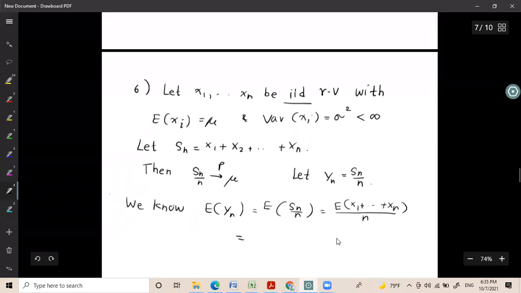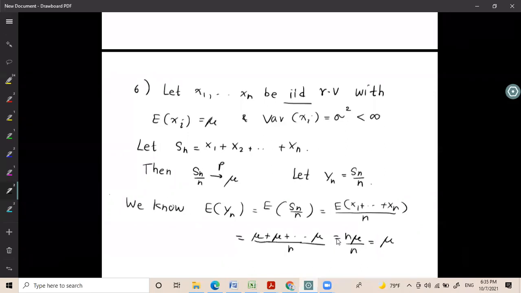Each of these expectations has the same mu, so you have mu plus mu plus mu, n number of mu's because there are n terms. So you have n times mu over n, which is mu. So the expectation of yn, or Sn over n, is mu.